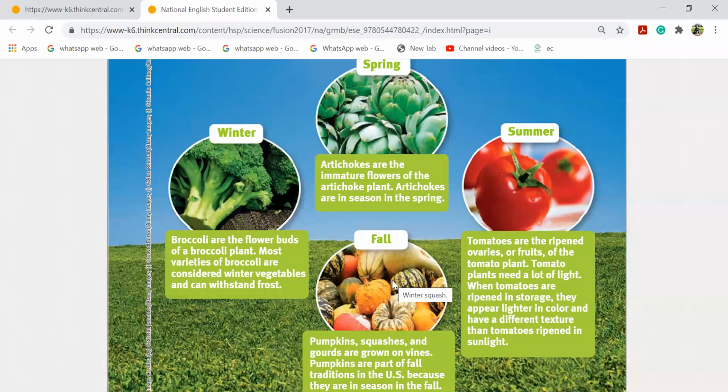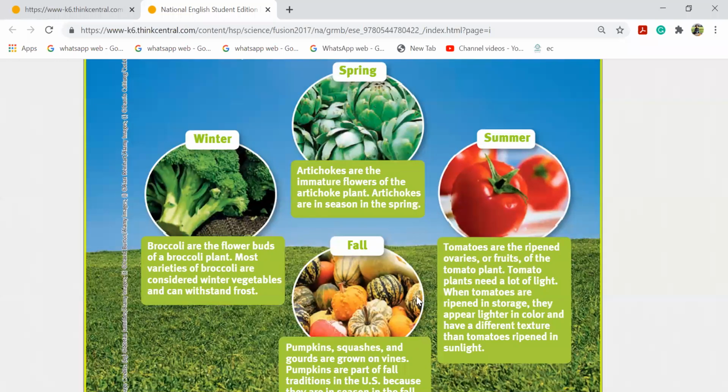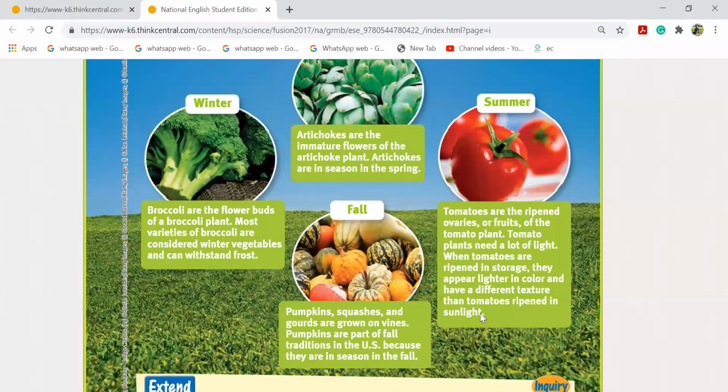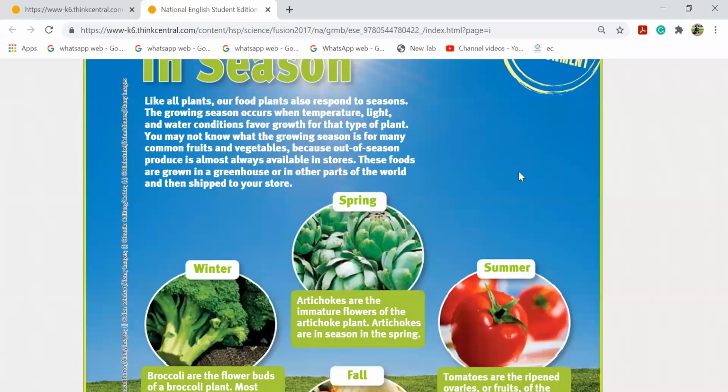They have shown you different types of broccoli, artichokes, tomatoes, and pumpkins. Why in fall do the fruits look like this? The watermelon looks weird.